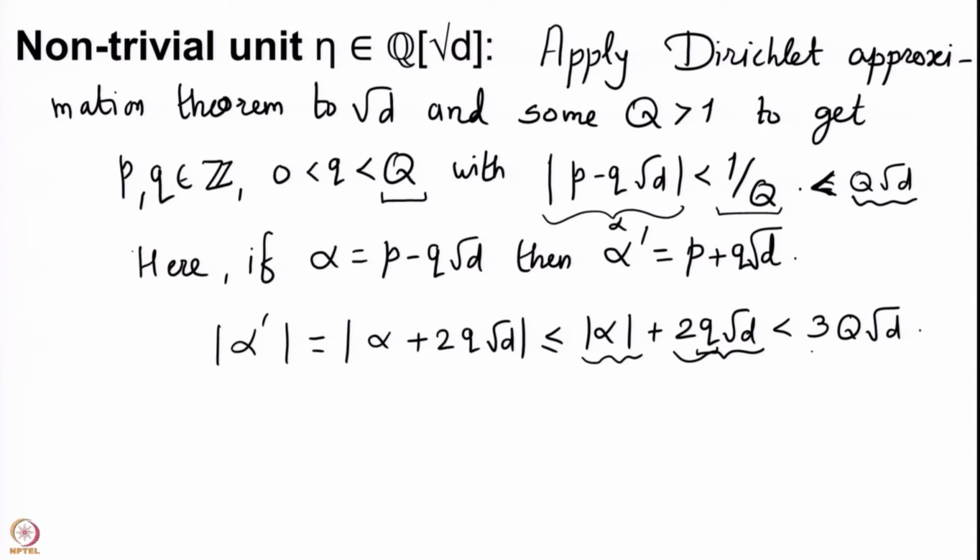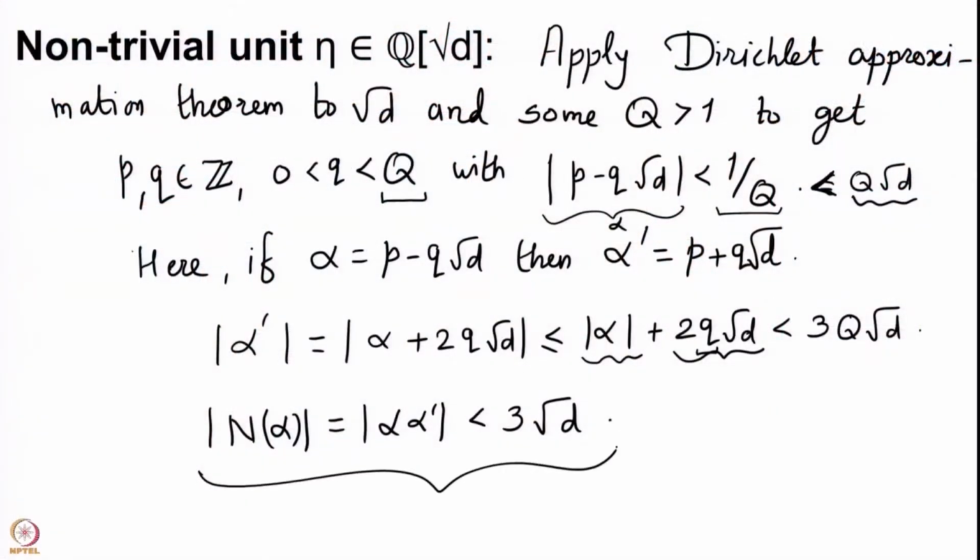So, we get mod alpha prime to be less than 3 capital Q root D. So, taking the product we get that norm alpha which is alpha alpha prime is less than 3 root D. So, whenever we have any good approximation p by q to root D, the p minus q root D is going to have norm less than 3 times root D.